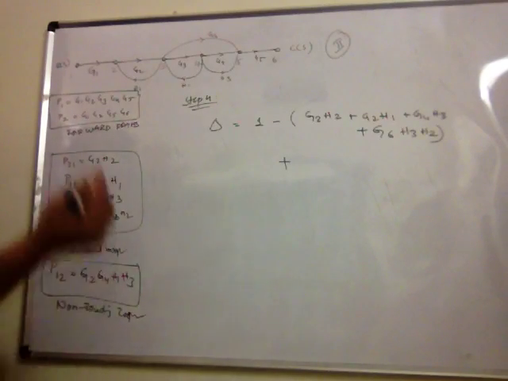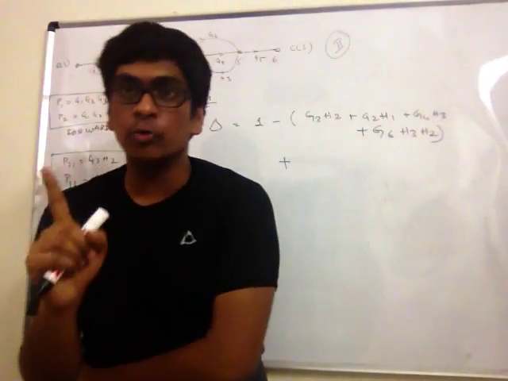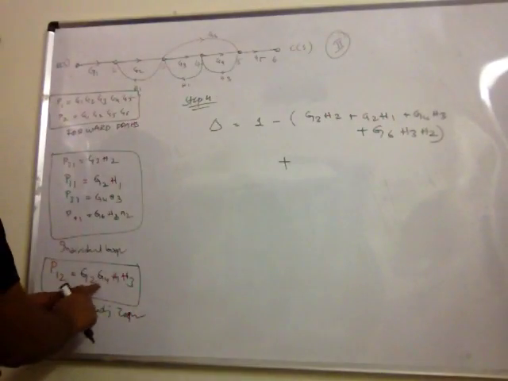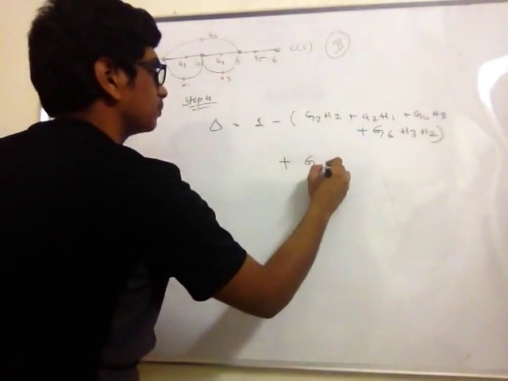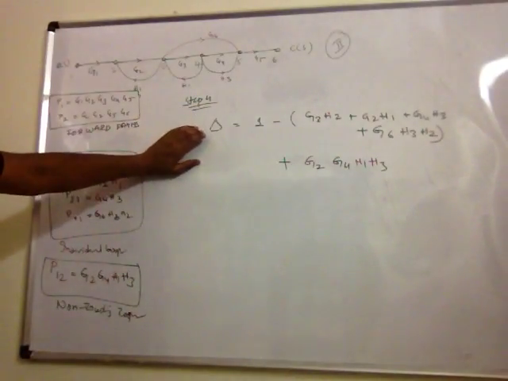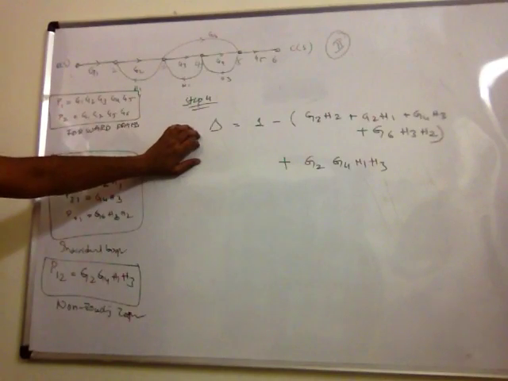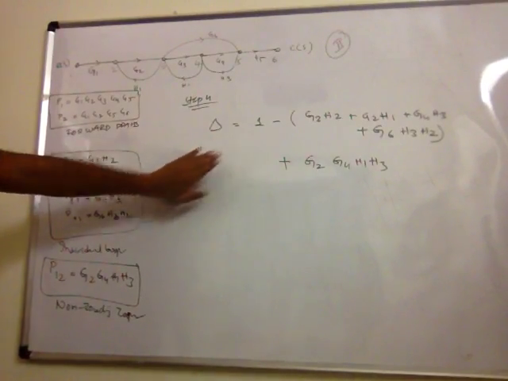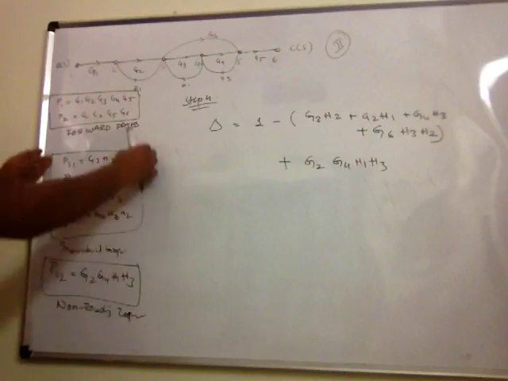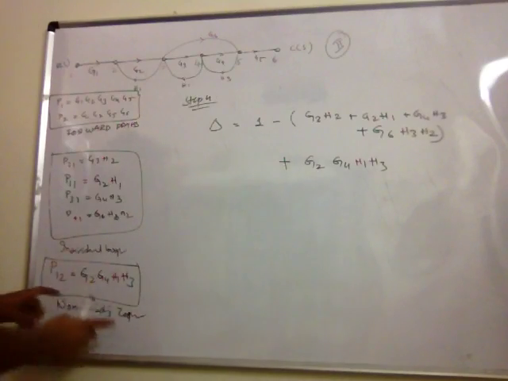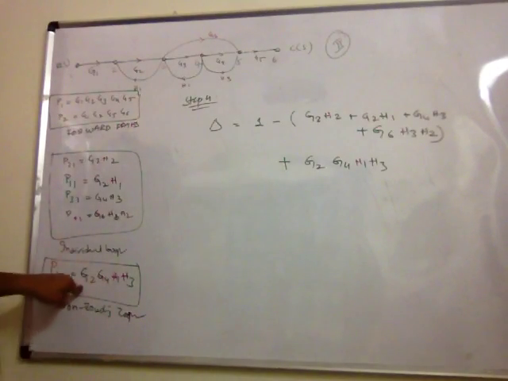So in this case we have only one pair of non-touching loops. So we are going to write only one term there. And what is that? G2, G4, H1, H3. I hope you're clear with this step because this is pretty important. Delta is nothing but 1 minus the sum of the gains of the individual loops plus the sum of the products of the gains of the non-touching loops.